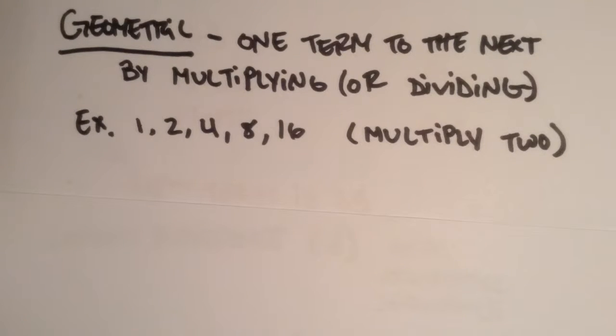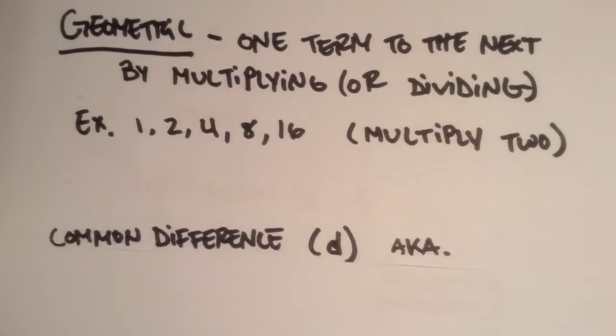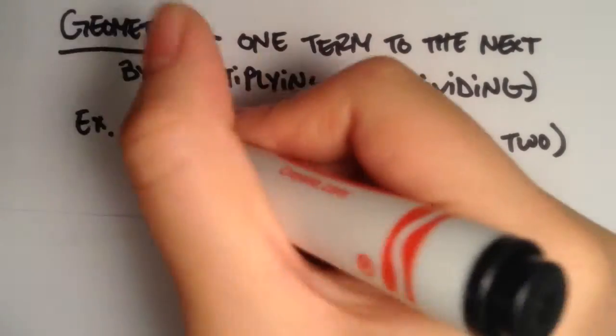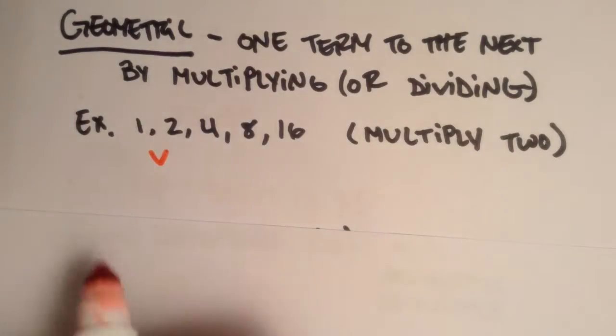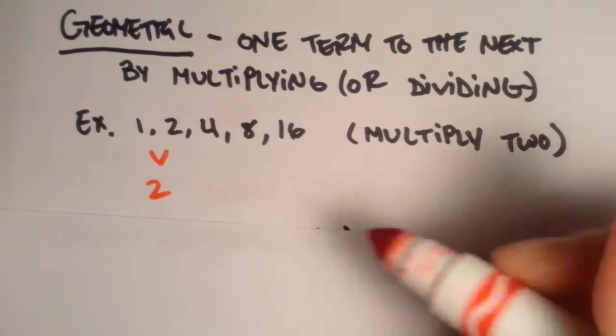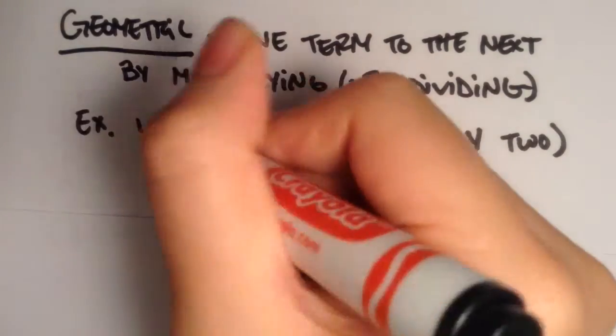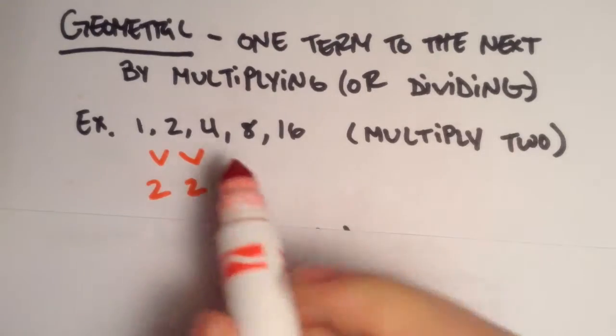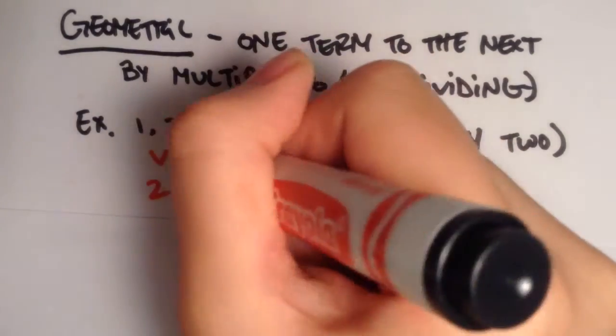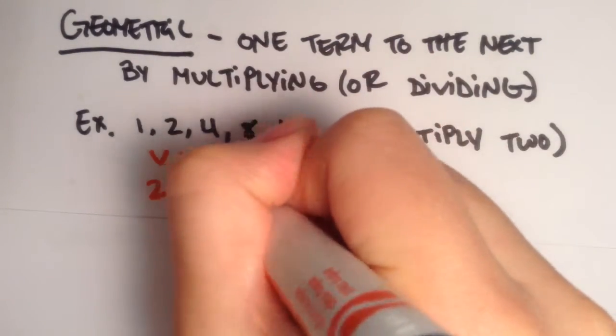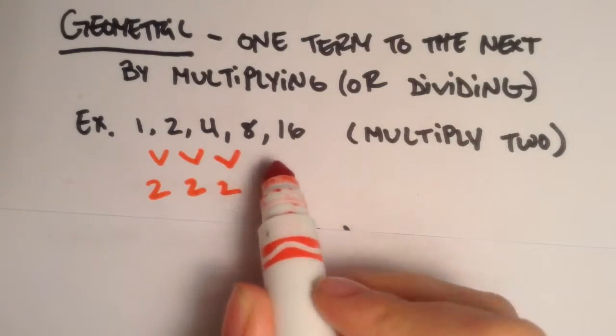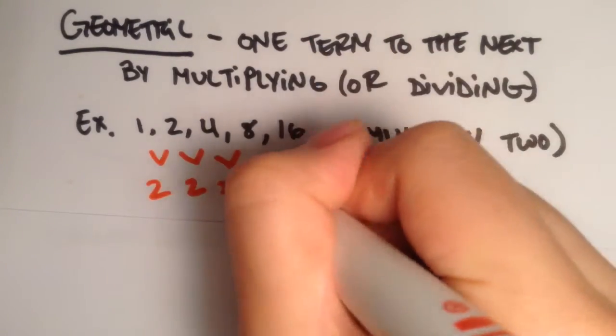This is geometric. And you can tell because each term is being multiplied by 2. 2 times 2 equals 4. 4 times 2 equals 8. 8 times 2 equals 16.